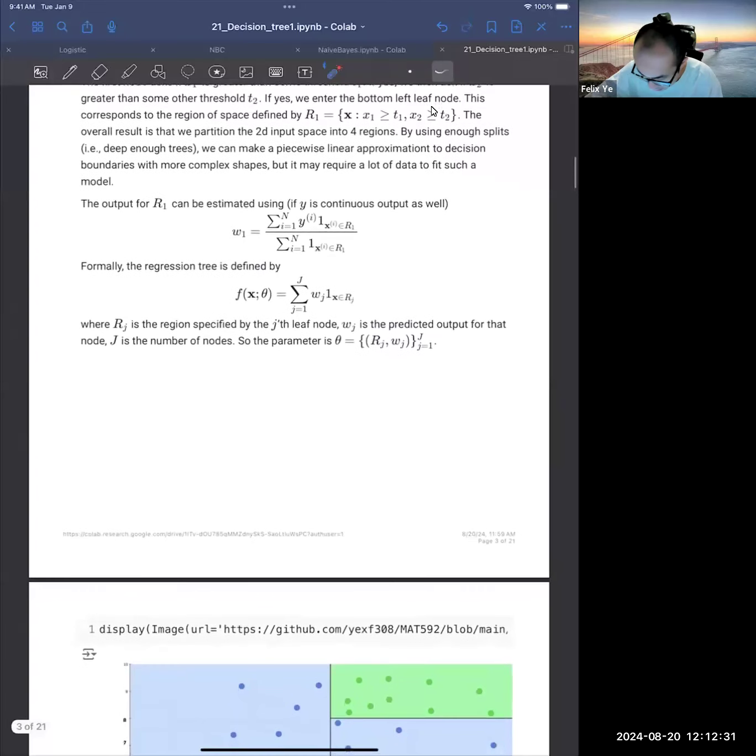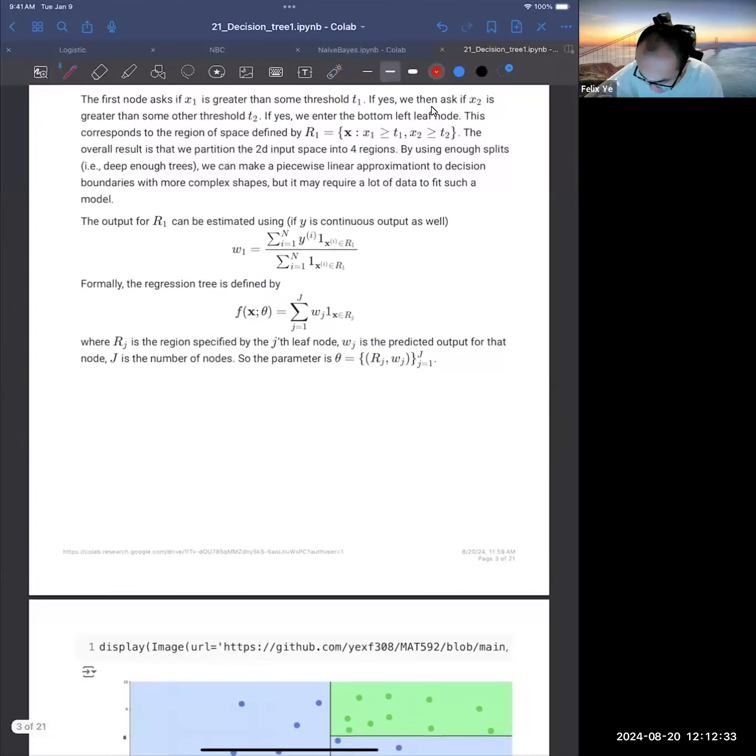What we can do is use one constant to approximate the values in that box. Obviously that would be very crude, but in some arguments that would be the best possible approximation.